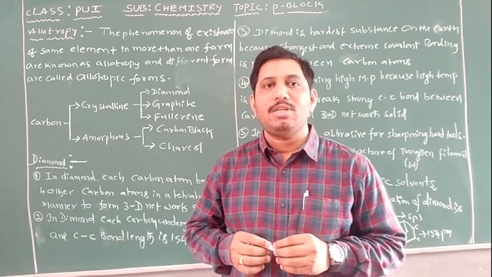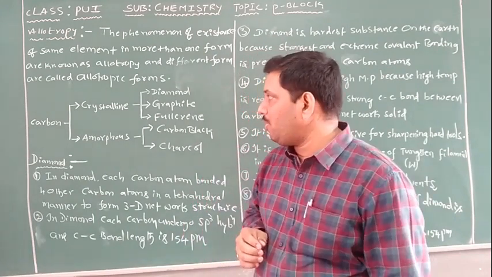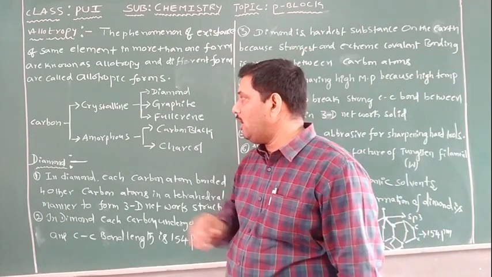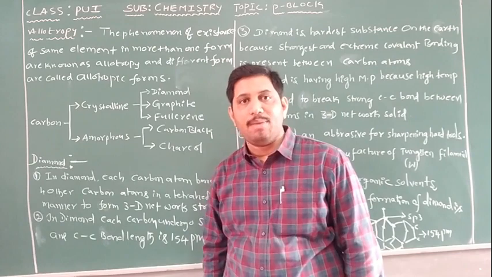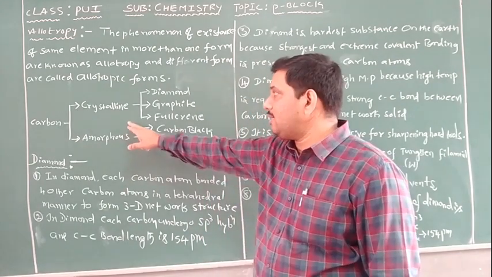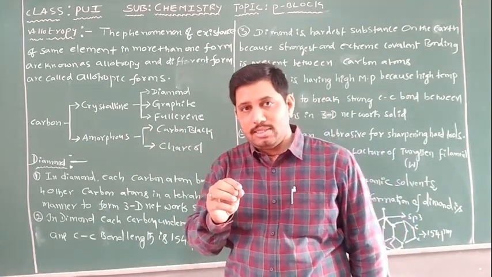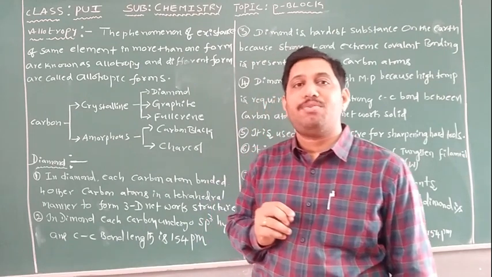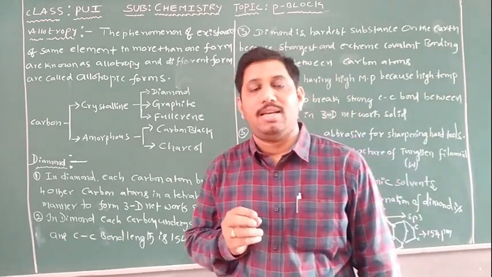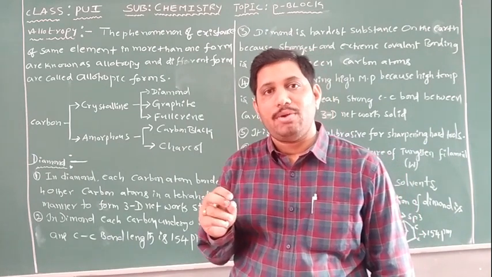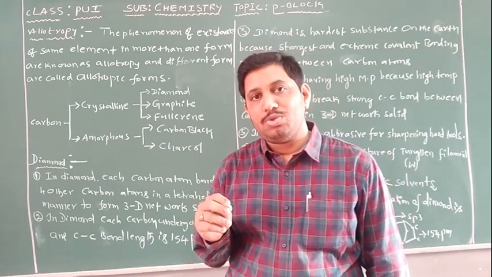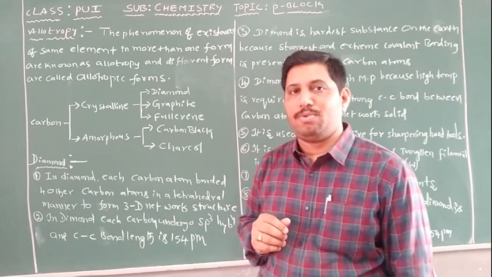Carbon can exhibit 2 types of allotropic forms: crystalline allotropic forms and amorphous allotropic forms. Crystalline means a solid substance which is rough in nature, like sand. Amorphous allotropic form is powder, a smooth powder form.